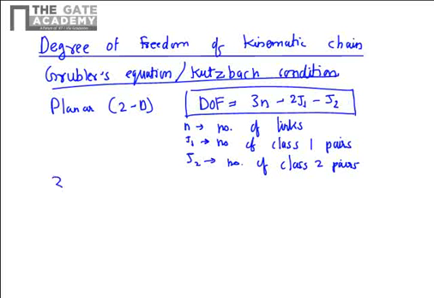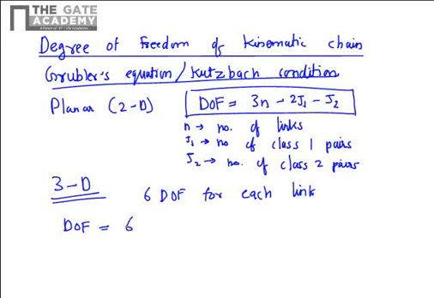Similarly, for a three-dimensional system, we can also derive the formula for determining the degree of freedom. In 3D, you have 6 degrees of freedom for each link. So, the degree of freedom of mechanism will be 6n for n number of links.